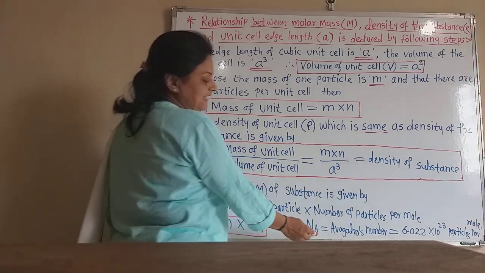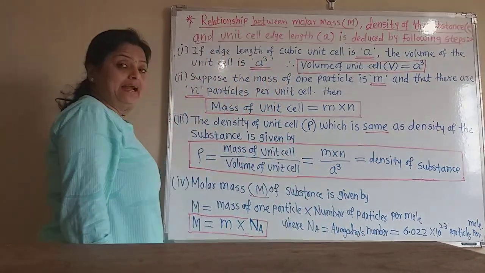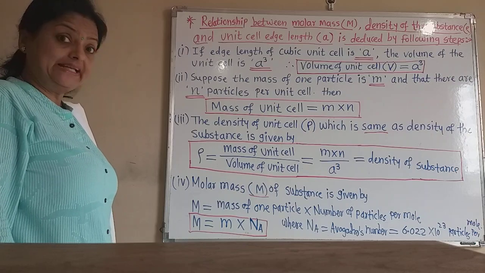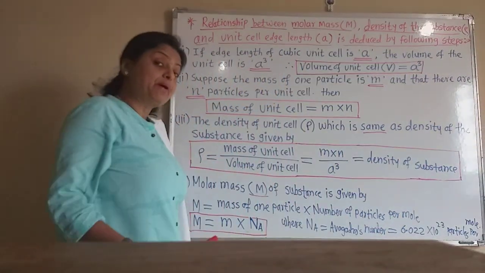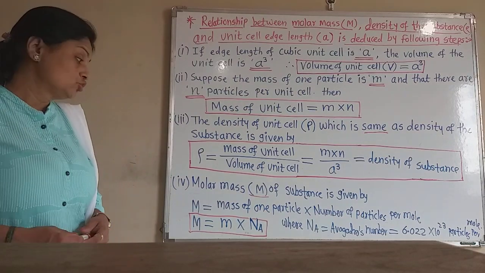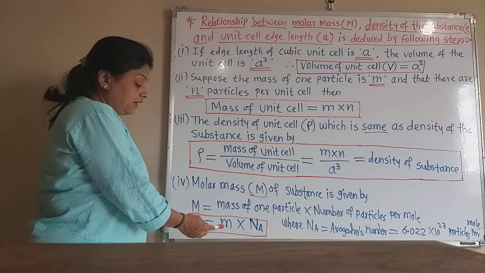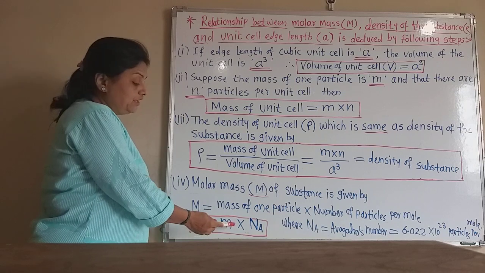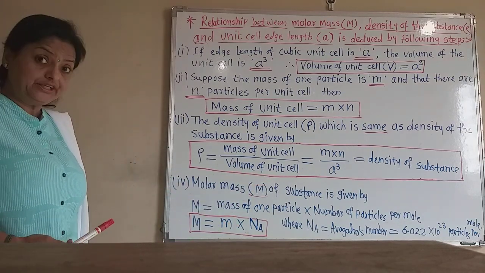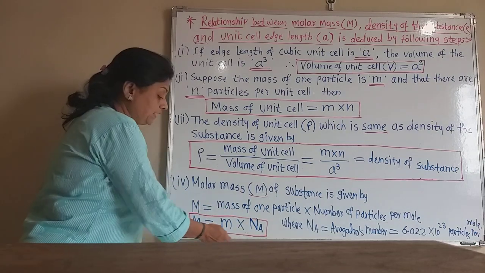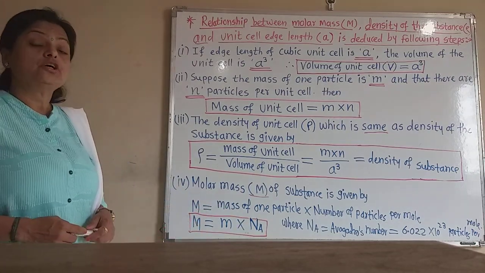The value of the Avogadro number is 6.022 into 10 raised to 23 particles per mole. So if we substitute the mass of one particle into this 6.022 into 10 raised to 23, then we can calculate the molar mass of the substance.